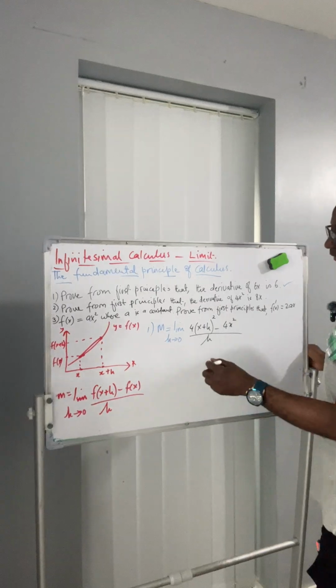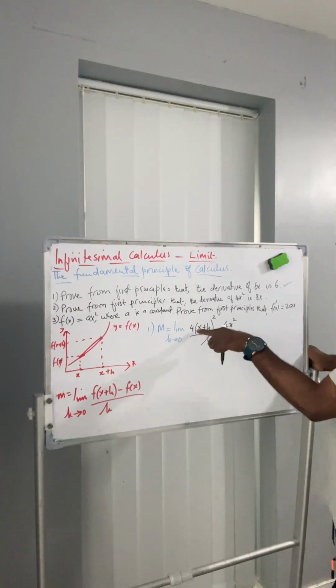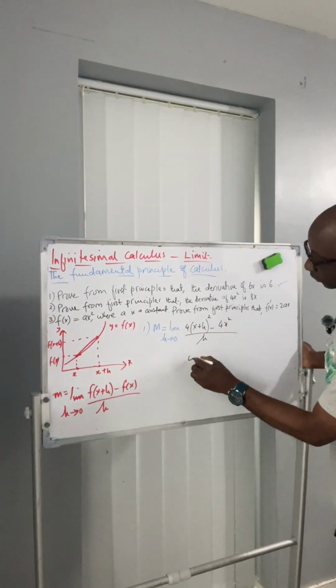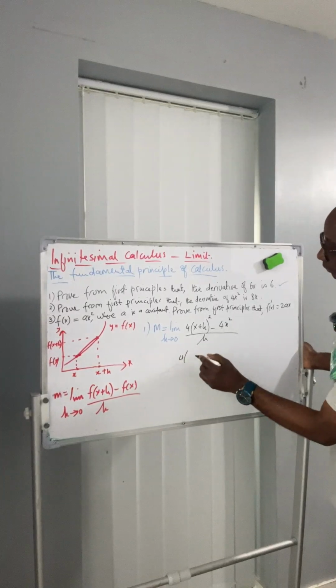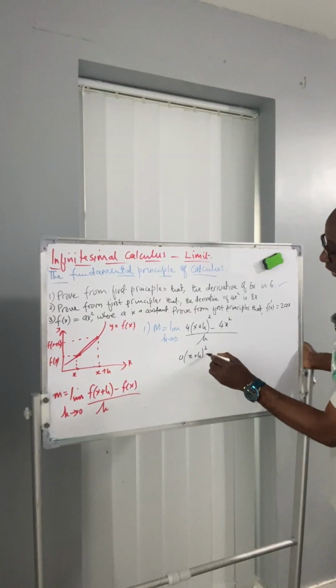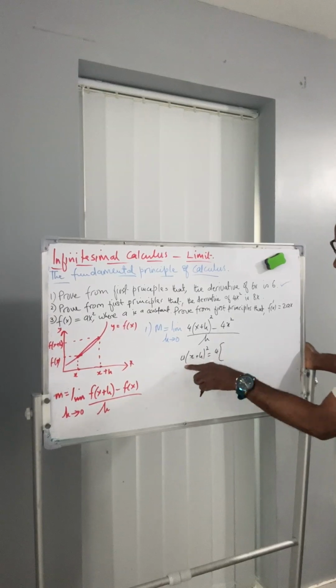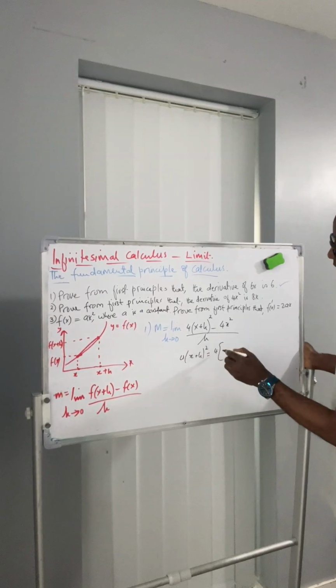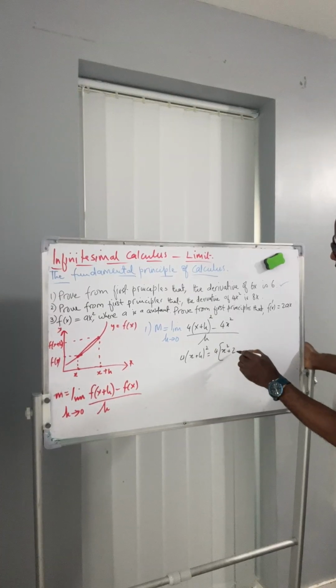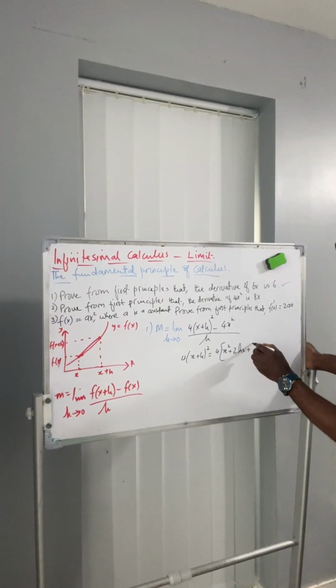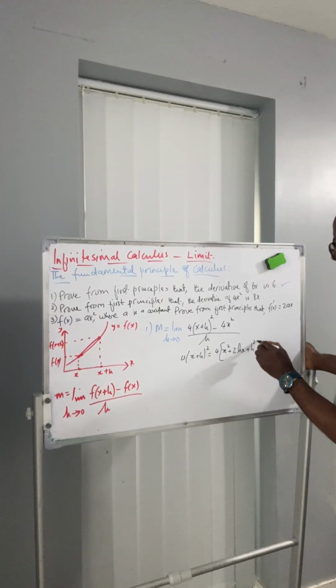So let's expand this first. When you have 4x, forget about the 4, you're having x plus h all squared. So the 4 will be out because you multiply everything. So this will give you x squared plus 2hx plus h squared.